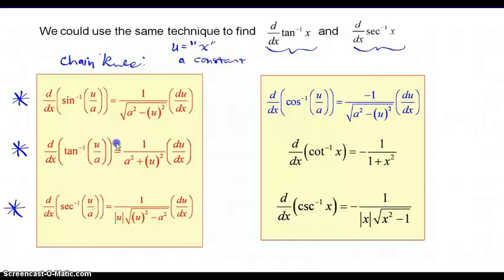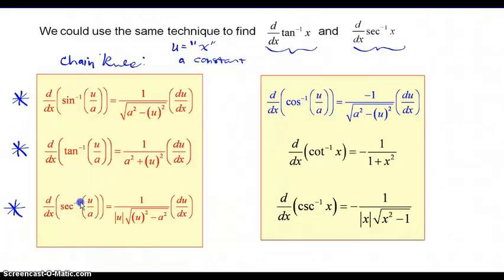Tangent inverse of u over a is 1 over your constant squared, which is the denominator of this expression, plus your expression in x squared. There's the derivative of the outside not changing the inside times the derivative of what's inside.